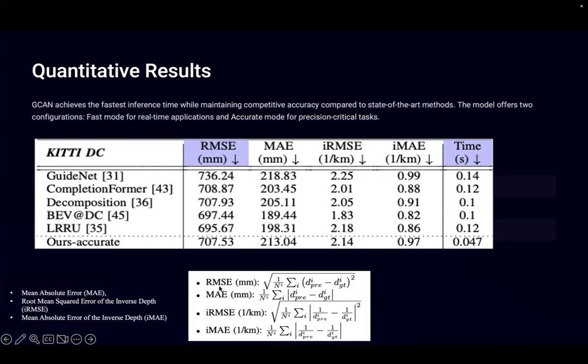These are the formulas for them: root mean square error, mean absolute error with the absolute value and 1 upon n, where n is H times W, the number of pixels, and the root mean square error of inverse depth. For that, they take the inverse, then the absolute and square, then 1 upon n, and at the end they take the root.